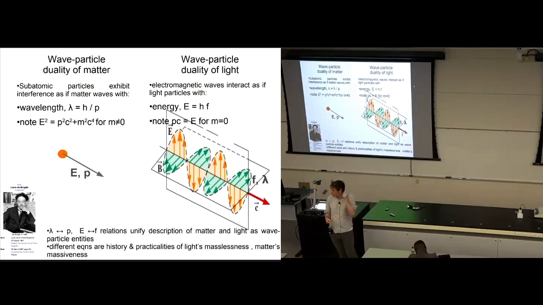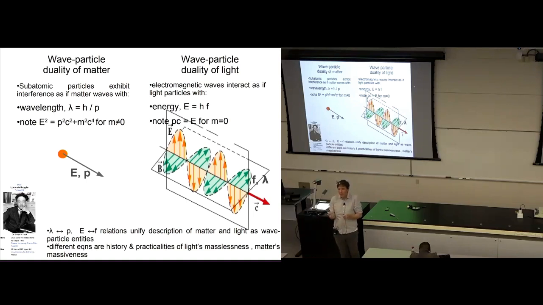You can turn the one on the right for light, E equals hf, into the one on the left. Again, just by a little bit of algebra, you can rearrange it. It's just history, practicality that led to these two equations being the posters for matter's wave-particle duality and light's wave-particle duality. But at their core, they're the same equations.